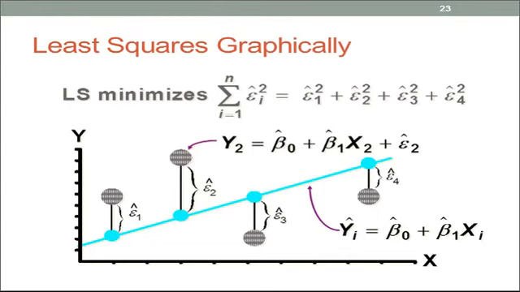Now to find this summation of the least square error, we can show this particular example with 4 samples. So we have epsilon 1 cap, epsilon 2 cap, epsilon 3 cap and epsilon 4 cap. We can find out these errors with respect to the actual, the gray values, along with the predicted values, which are on the regression line over here. And we can say here yi cap is equal to beta 0 cap plus beta 1 cap xi.